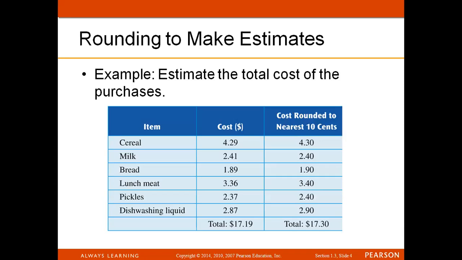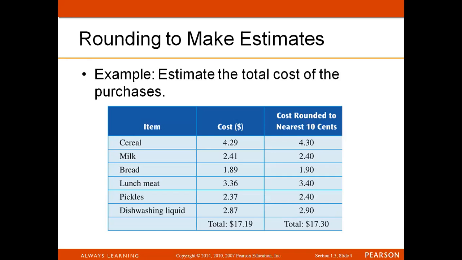Rounding to make estimates. Example, estimate the total cost of the purchase. So we have the item, the cost of the item. Cereal is $4.29, milk is $2.41, bread is $1.89, lunch meat is $3.36, pickles are $2.37, and dishwashing liquid is $2.87.